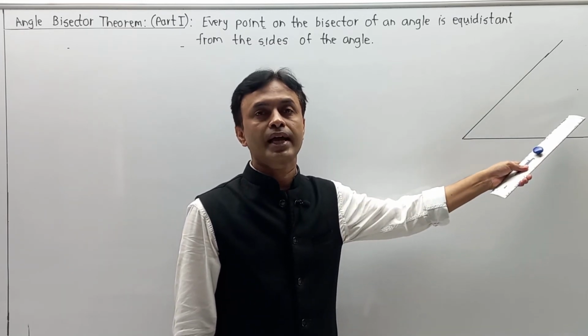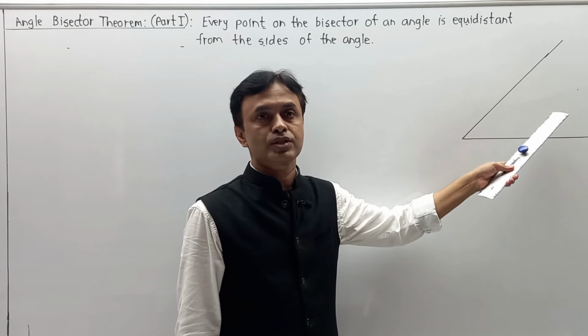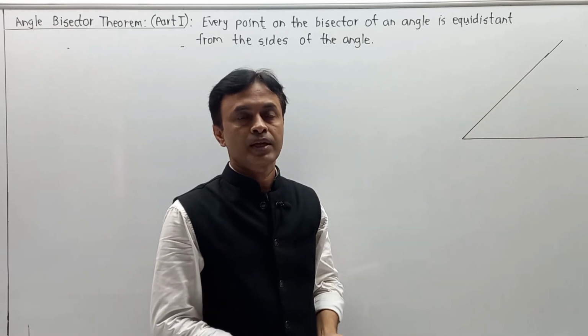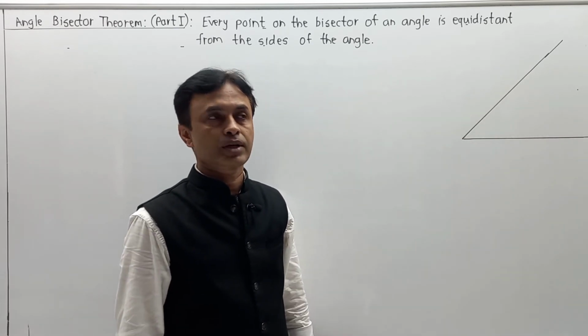Every point on that angle bisector is equidistant from the sides of the angle, and these are nothing but the sides of the angle. Now to prove that part, try to understand one by one.